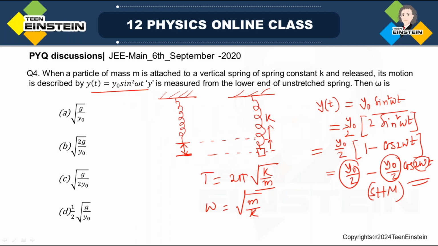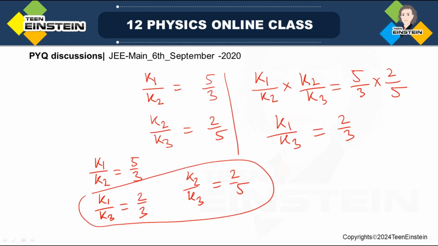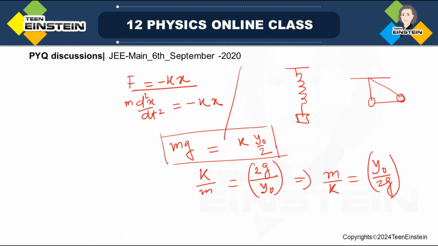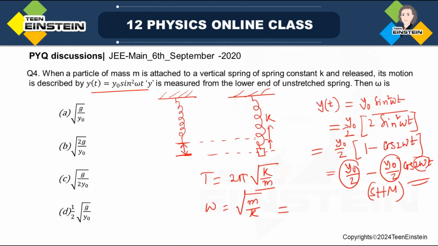So here I'll put, this m by k is equal to y naught by 2g. So square root of y naught by 2g, this will be my omega.